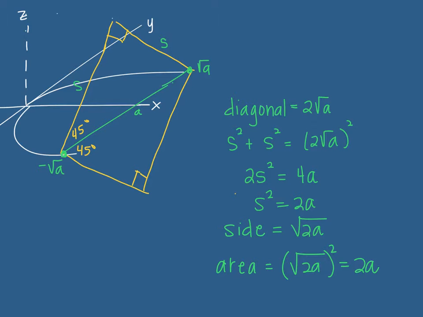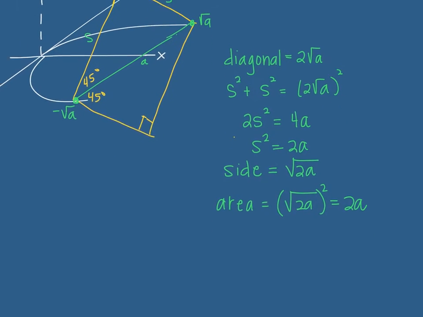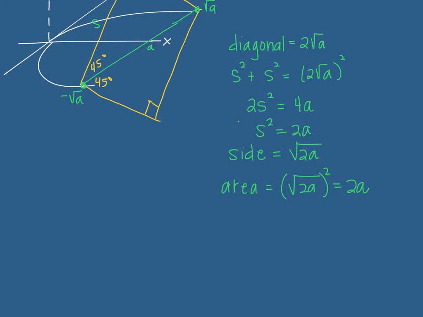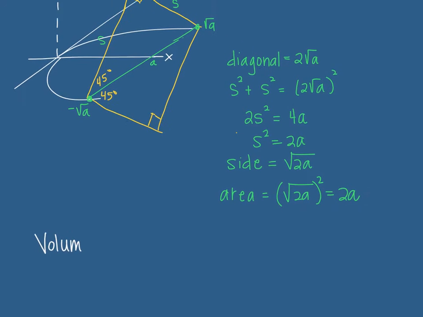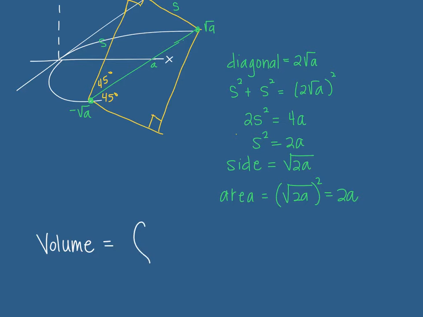So the geometry is going to be where you're going to do most of your work. Your heavy lifting is going to come in your geometry. The easy part of your workout will be setting up the volume, because the definition of the volume is the integral along the interval 0 to 9 of the area.